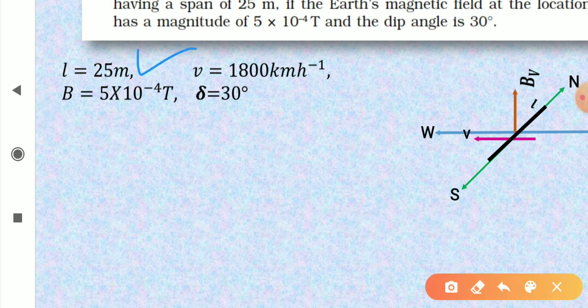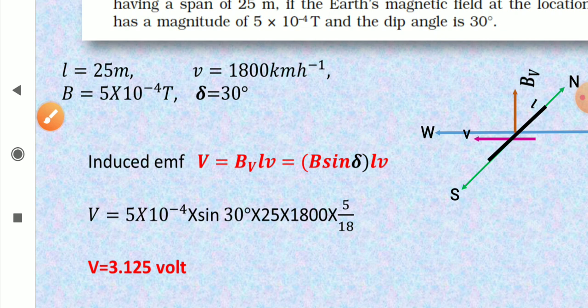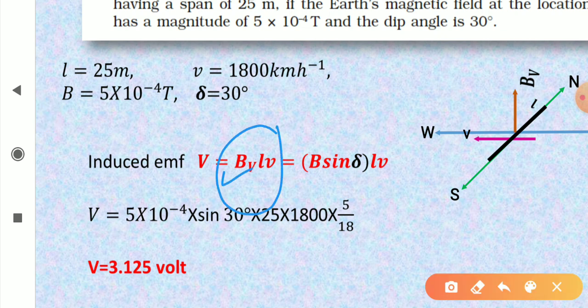So let's see what is given. L is 25 meter, velocity is 1800 km per hour, magnetic field is 5 × 10^-4 Tesla and dip angle is 30 degree. So the induced EMF will be BV L V, where the vertical component is B sin δ.